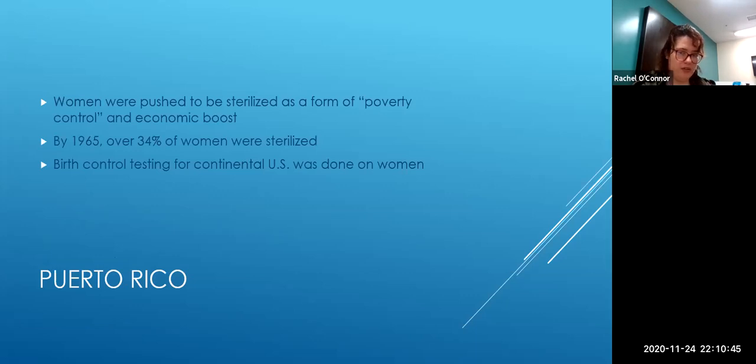If women were sterilized, they weren't having kids, they could work, and they were cheaper labor than men. The United States framed this as boosting Puerto Rico's economy, and by extension the US, because the US had control of Puerto Rico.